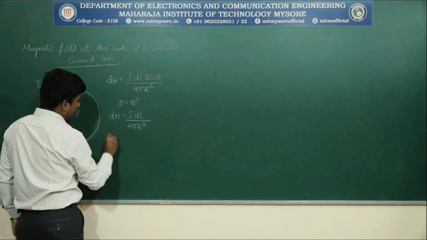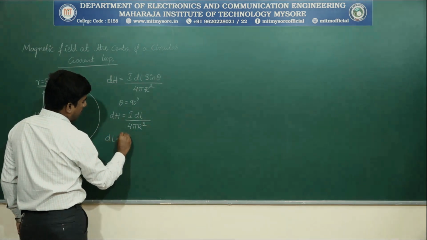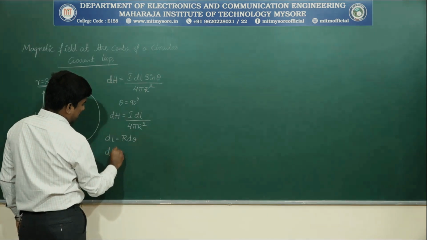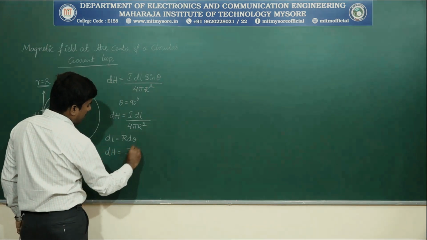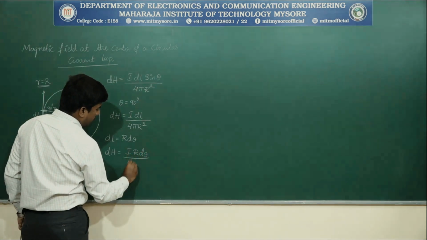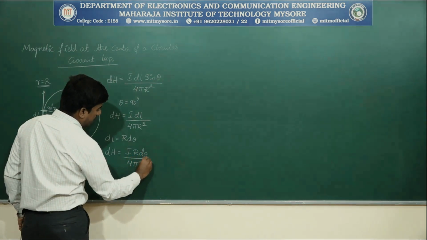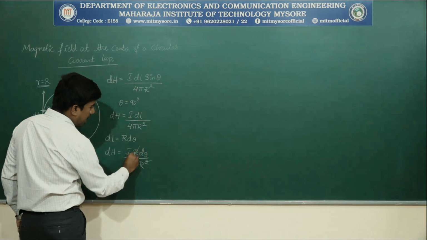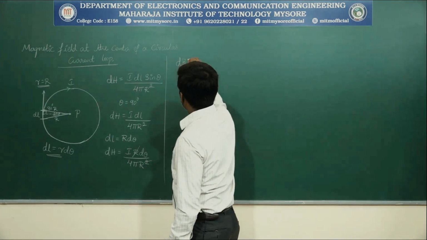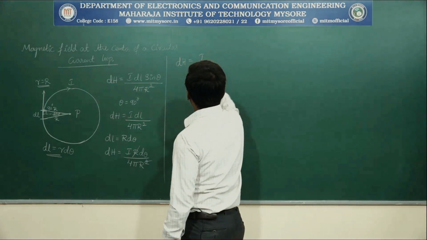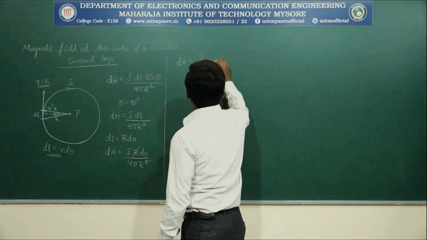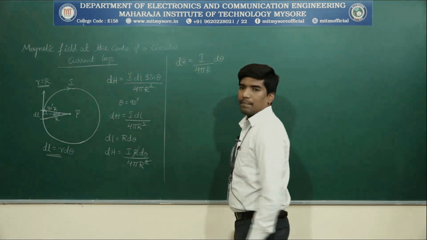What is dl? dl is equal to r into d theta. Therefore dH is equal to I into r into d theta divided by 4 pi r square, and this r gets cancelled. We are left with dH is equal to I divided by 4 pi r into d theta.